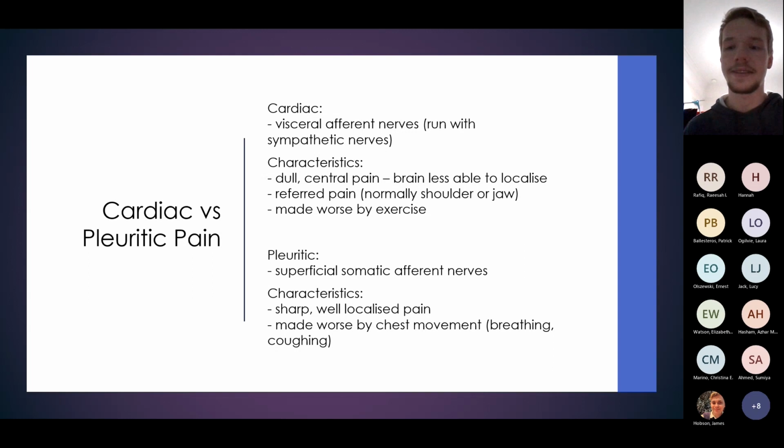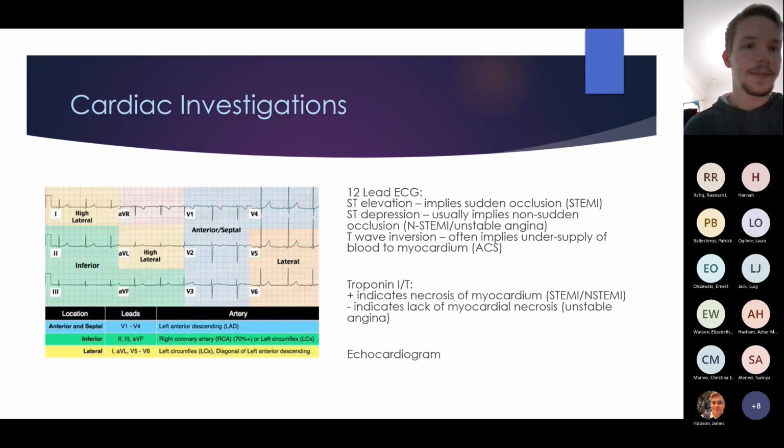That'd be felt central, for example. And positional movement and breathing normally affects it because a lot of the time it will be the pleura that's inflamed. So any sort of chest movement, which includes breathing and irritating that lining, is going to cause the pain to get worse. Yeah, that's good.